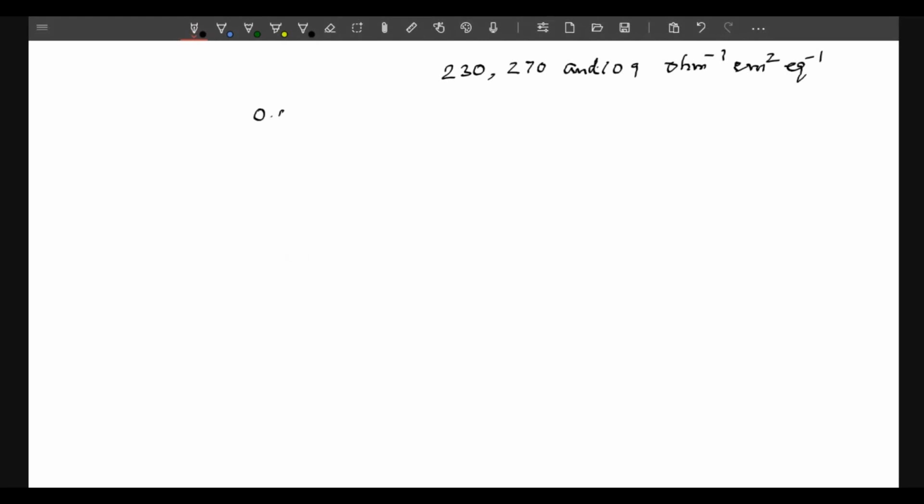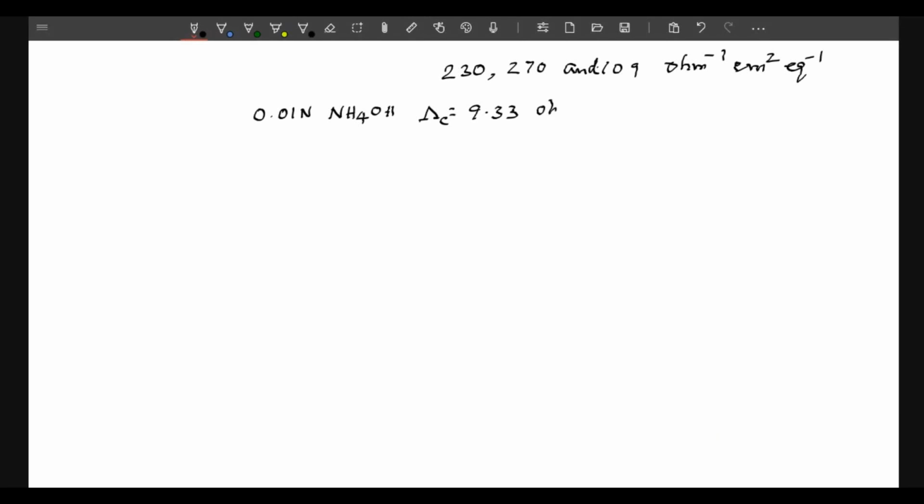For 0.01 normal weak base ammonium hydroxide, the equivalent conductance is 9.33 per ohm centimeter square per equivalent. The equivalent conductance, they mean for this concentration.